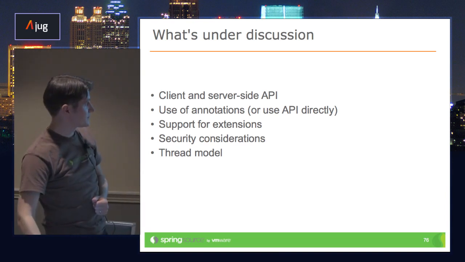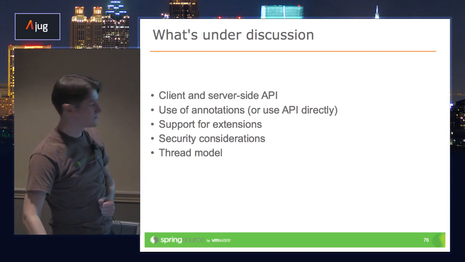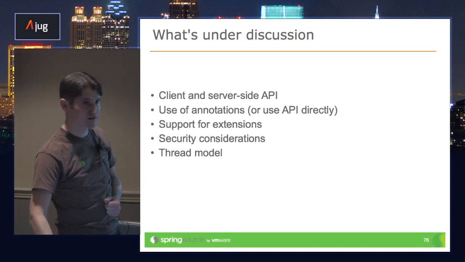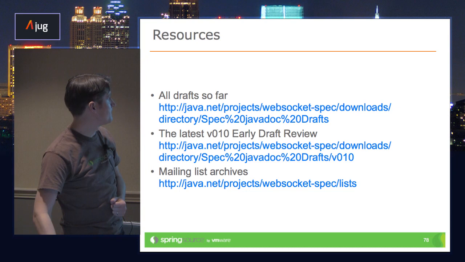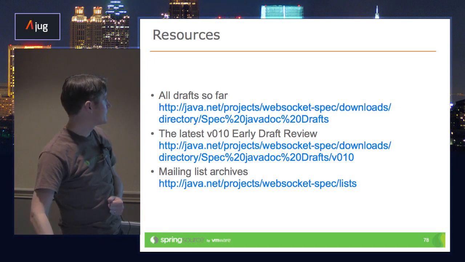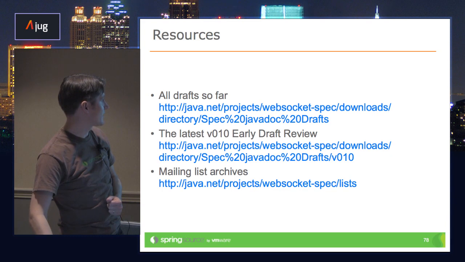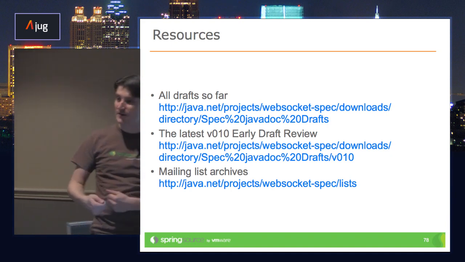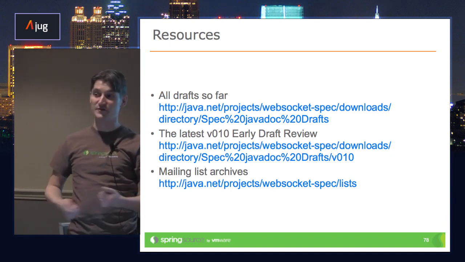So the latest spec was released 2 days ago, I think December 15th. Take a look at the draft reviews, the mailing list, quite active. So it's heavily in flux, so I don't really want to get too much into the deeper end.